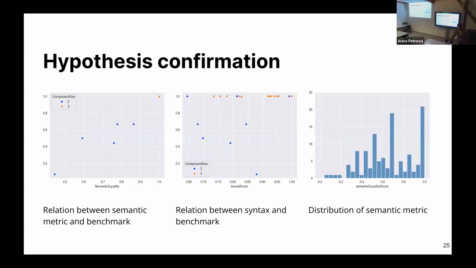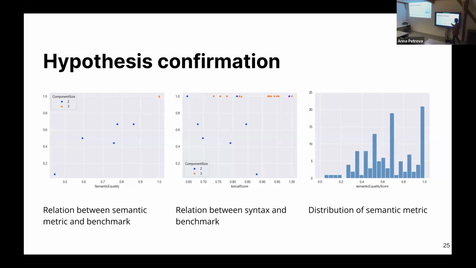Okay, sorry. Could you please explain the graphs a bit more? Yeah. This plot shows the relation between the semantic metric on the X axis and the benchmark score, which is the semantic metric between the best solution and the reference solution.